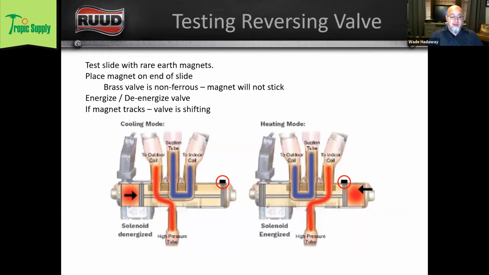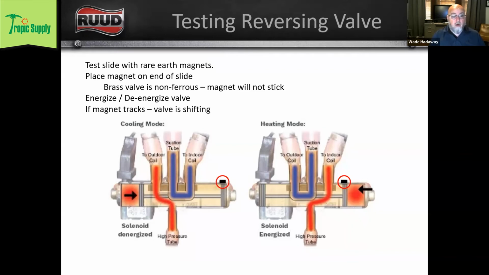You might not have a large pressure differential, and it could be a compressor that's causing you problems, and not necessarily a reversing valve that's not sliding. So if you can see the magnet track, and it's essentially like watching the valve move back and forth, and you don't have more than a 10-degree temperature rise here, then your valve's working like it's supposed to.